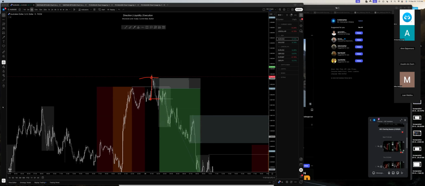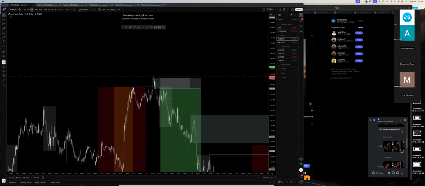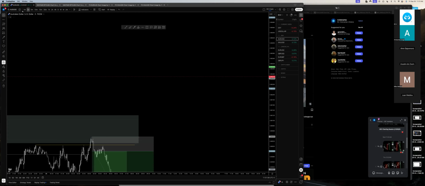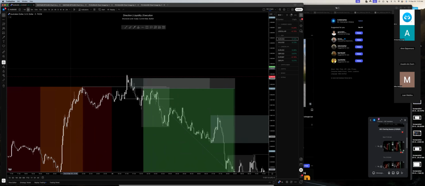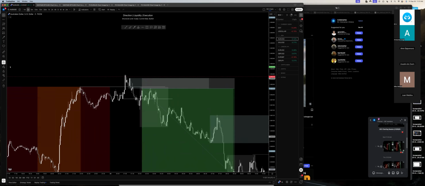And as soon as that's taken, although it is technically a CBOS, one of the main things that I like here in this situation is the fact that we have a potential type of structural disruption internally here.